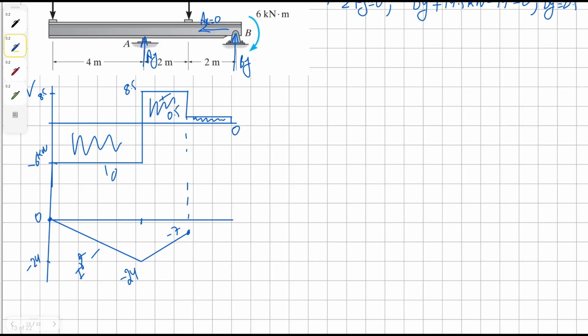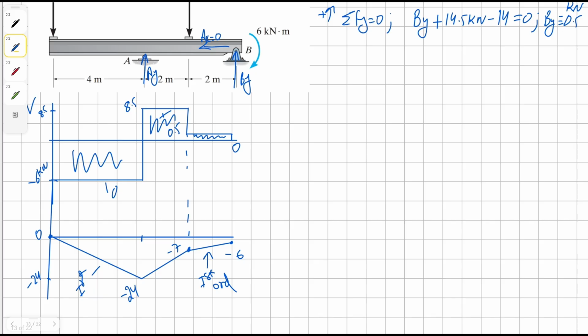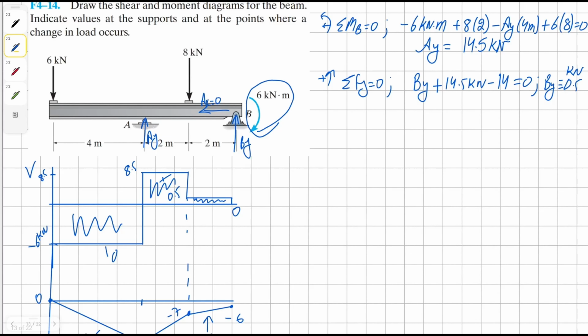So this means right at the point close to where point B is, you're going to have negative 6. And this curve is also going to be first order. And then you have noticed here that we have 6 kilonewton clockwise. Clockwise, when we do our diagrams, is positive. I know when we do our problems, I always take counterclockwise as positive.